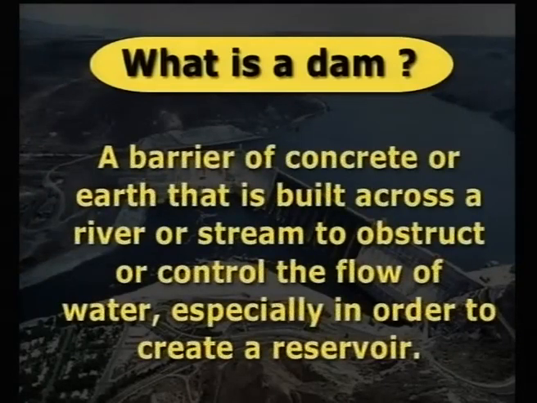All right, a dam is a barrier of concrete or earth that is built across a river or stream to obstruct or control the flow of water, especially in order to create a reservoir.